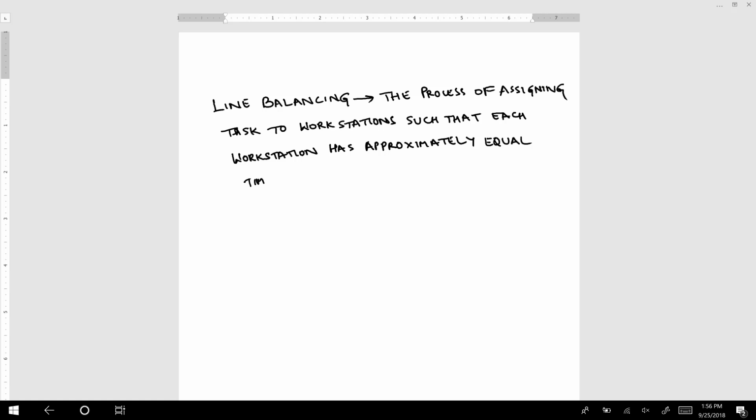So this means approximately equal. That doesn't mean it should be exactly equal. So that's what line balancing is.